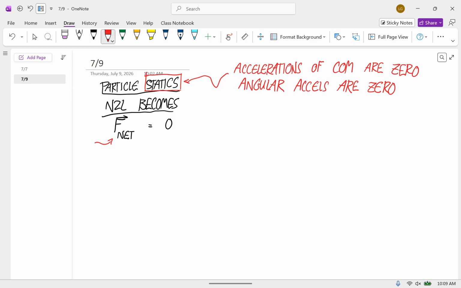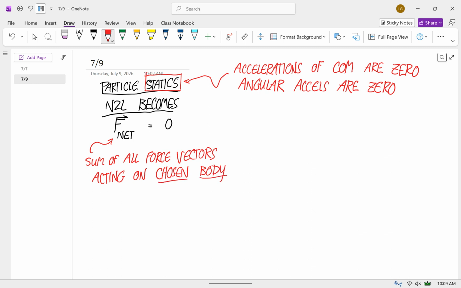F net means the sum of all force vectors acting on the chosen body. And this idea of the chosen body is going to be really important. We're going to have to be very clear to ourselves about what's included in our chosen body and what's excluded.